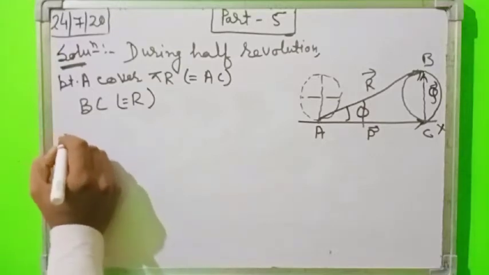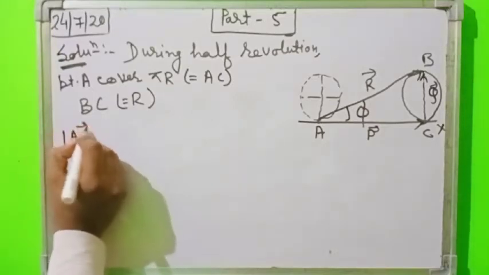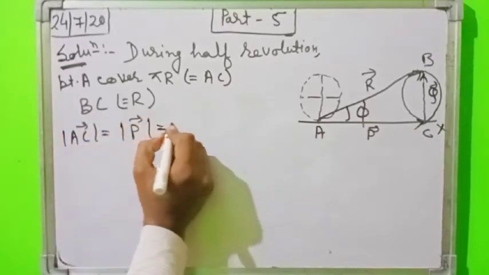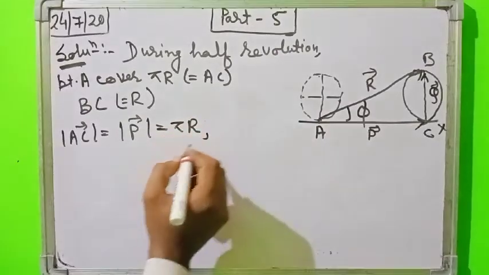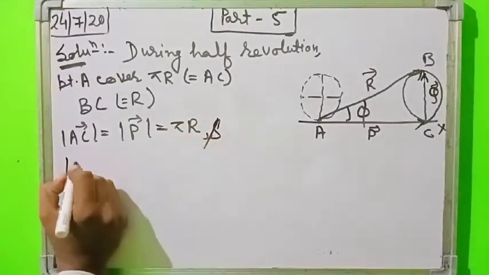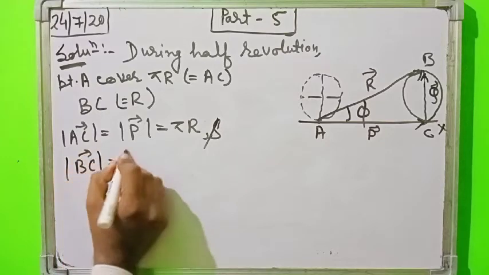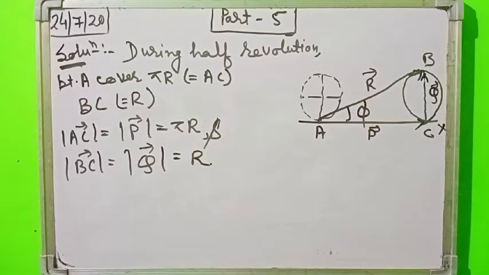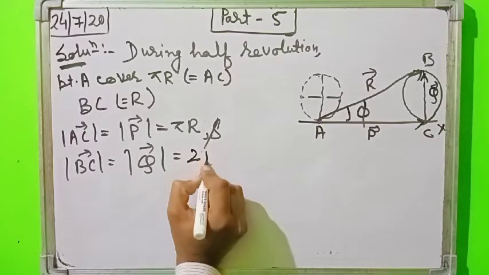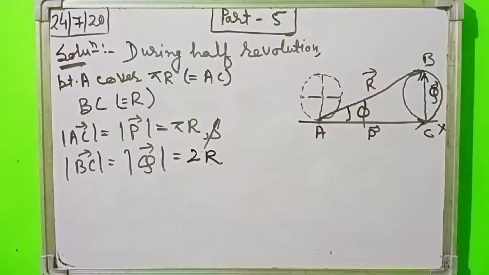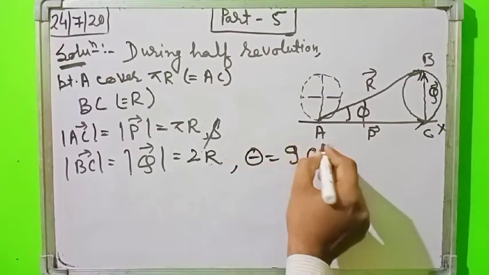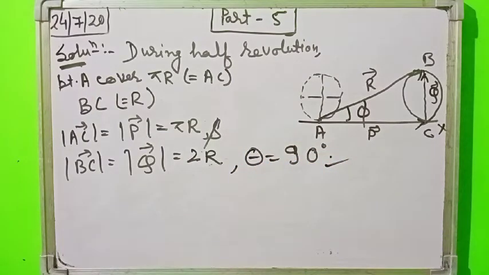So we can write the magnitude of AC vector is equal to the magnitude of P vector, and this is equal to pi r, and the magnitude of BC vector is equal to Q vector, and this is equal to 2r. And theta is equal to 90 degrees.